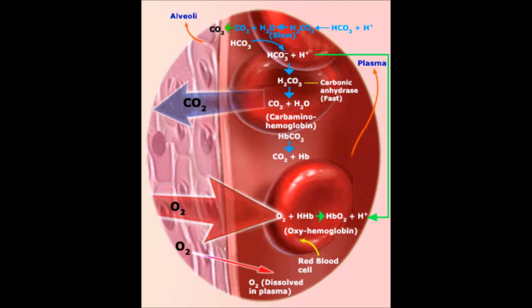Now, how do we go from carbon dioxide to bicarbonate ion? That's a chemical reaction. Basically what we do is we start off with carbon dioxide, and the other major component of plasma, which is water.